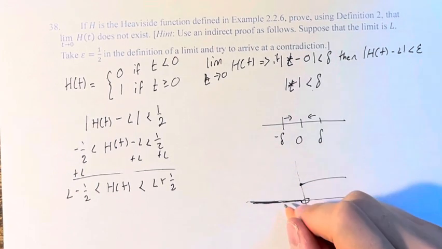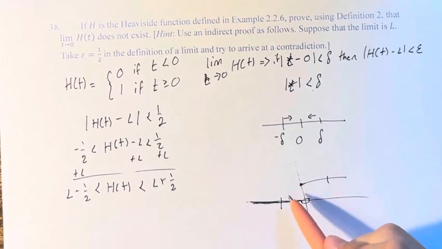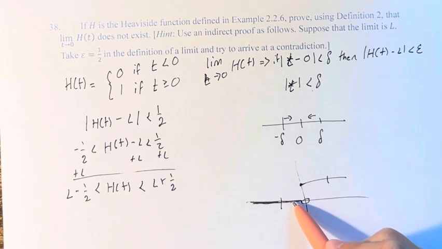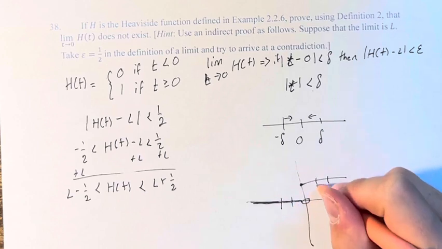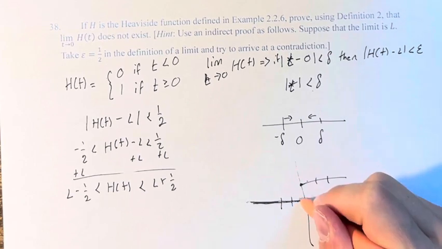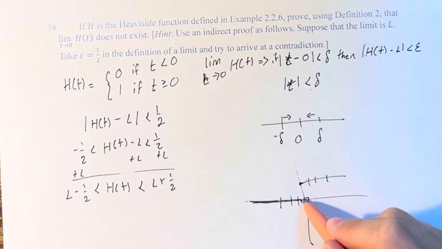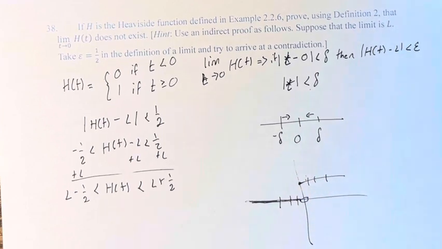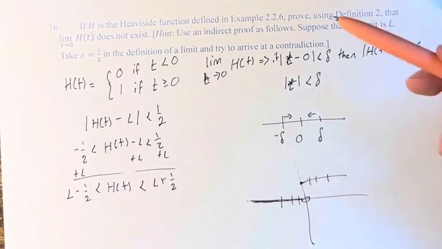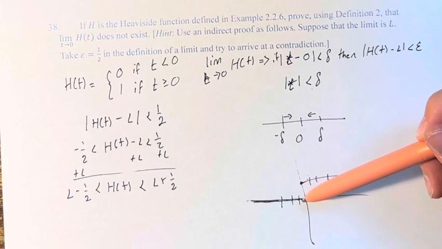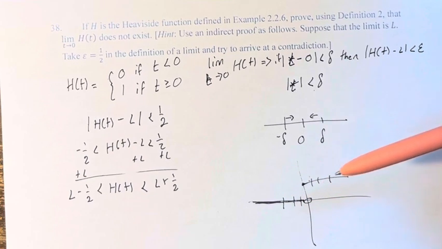If we're 1 away, we have points where the function equals 0 and 1. If we go half away, there's values that are 0 and 1, right? 1/4 away, 1/8 away, all the way down. No matter how small we make delta, there's values of the function that are equal to 0 and 1.